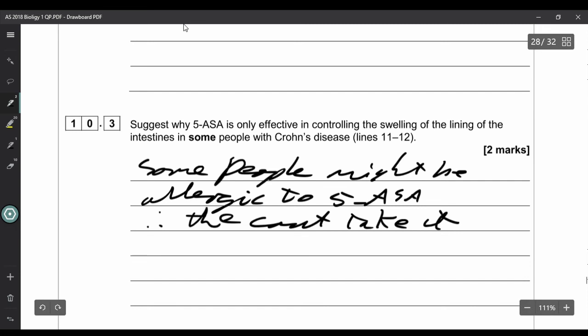Because the question's saying, suggest why it's only effective in some people. Well, the reason that it's not effective in these people is because they can't actually take it. Okay, so we could have also had that some people might produce really large amounts of the cytokine, and therefore the 5-ASA is not going to be good enough to reduce that amount.